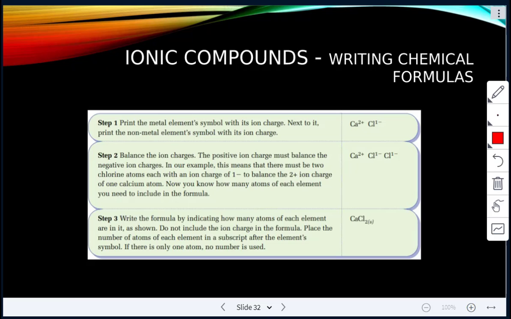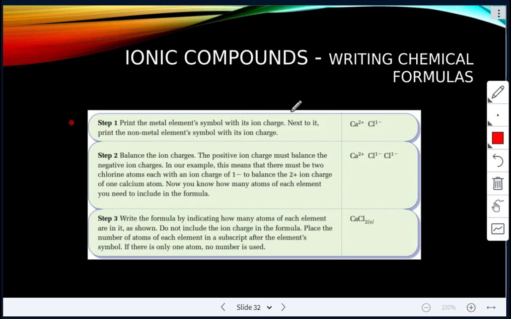All right, so next in ionic compounds is writing the chemical formulas. This is one method that's shown here, but I'm going to show another method that's called the crisscross method. But the first step is the same. Print the metal element symbol with its ion charge. Next to it, you're going to print the non-metal element symbol with its ion charge.